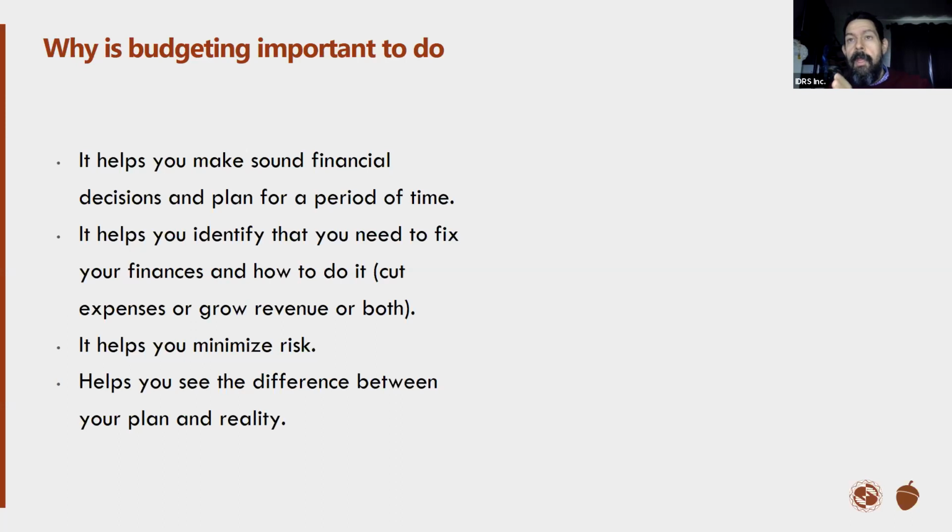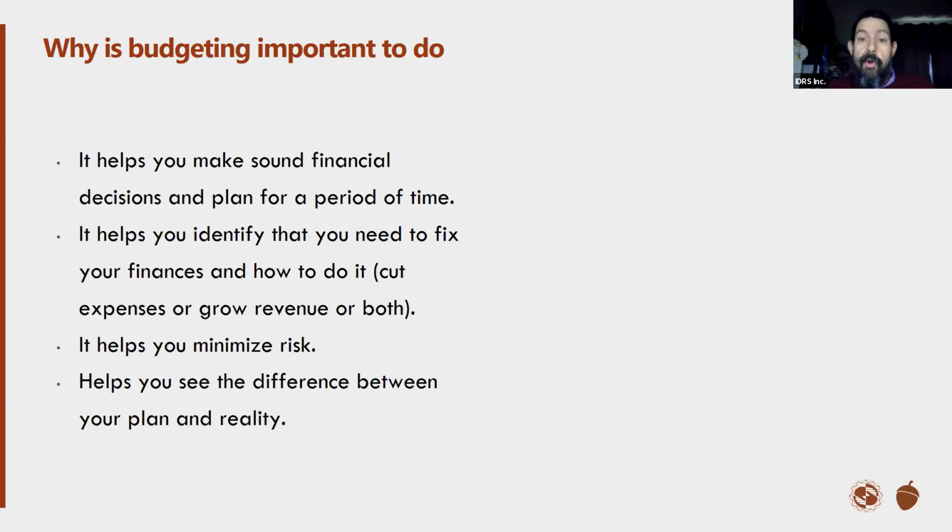Also, we talk about it in the feasibility portion of a business plan. If you develop something like this and you see that it's just not going to work, then you may choose not to move forward with your business. Or you may say, okay, I need to really change up how I do my business because this isn't going to work the way I'd like it to.